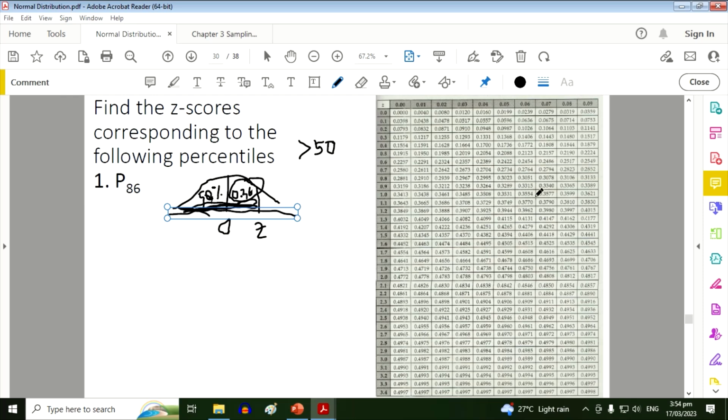It is between these two numbers: 0.3599 and 0.3621. So I will write 0.36 here and add two zeros. On the left side of 0.36 is 0.3599, and on the right side is 0.3621.